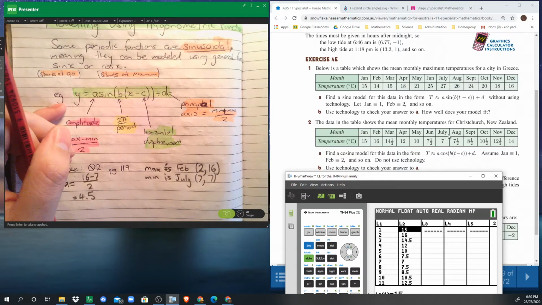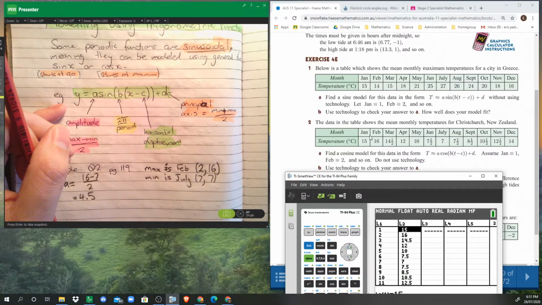So it's not immediately obvious. Another way you could approach this is to consider that the maximum typically occurs, then you go down to the minimum, and that's half a period. The problem with that is, if we look at it, the time from the maximum temperature to the minimum temperature is actually 5, not 6, which it should be.